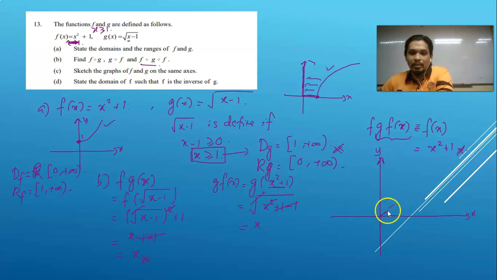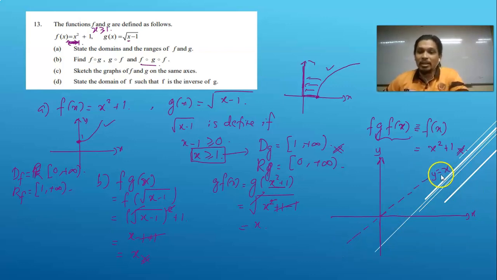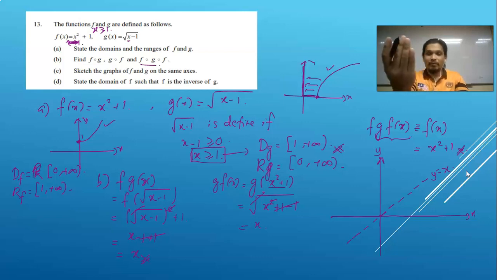We make a line of y equal to x. This line of y equal to x is just like a reflective mirror, meaning that if you stand here and you're facing a mirror in front of you and you see the image opposite of you, the distance from yourself, the object, to the mirror is equal to the distance from the mirror to the image.